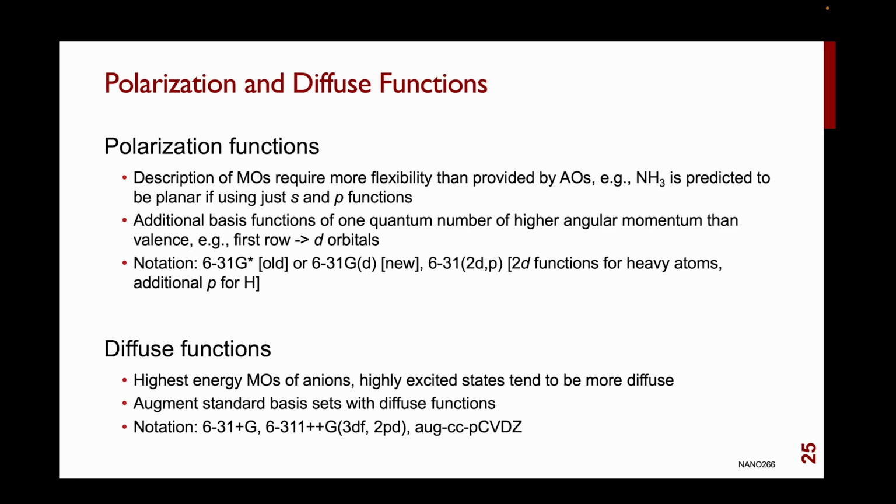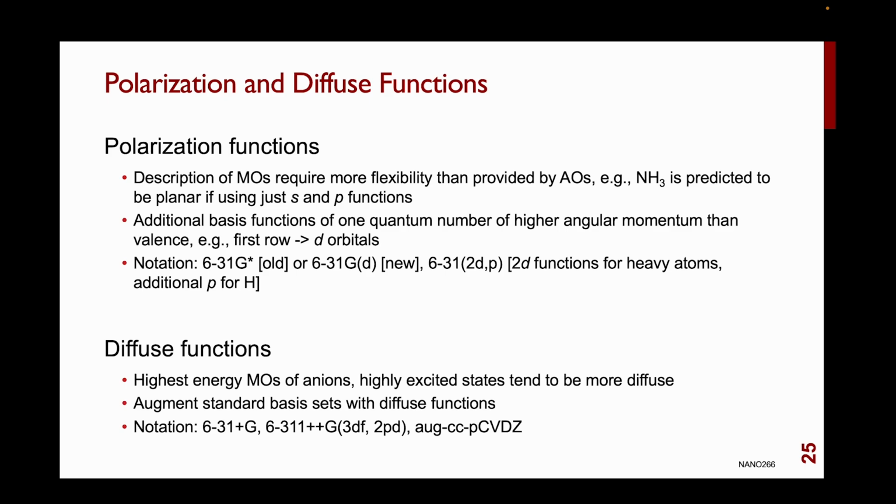Okay, so what the diffuse functions do is that they add additional basis functions that have a greater extent in real space, such that you can actually model those electron clouds more accurately. All right, so this is particularly important when you are simulating things like anions with a negative charge, and those actually tend to have excited states with more diffuse electron clouds.